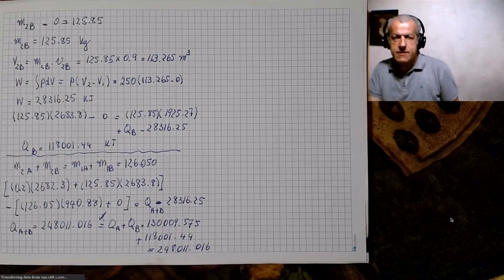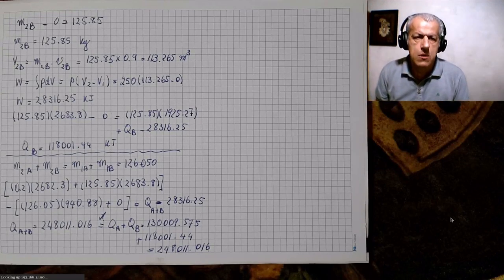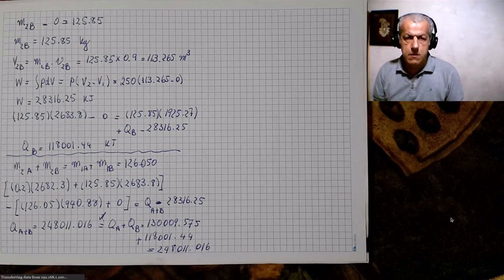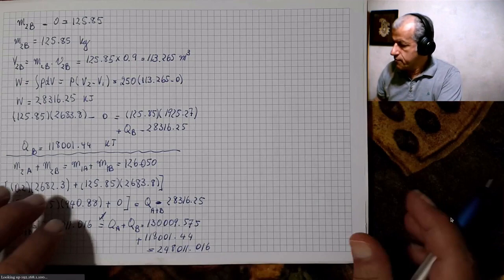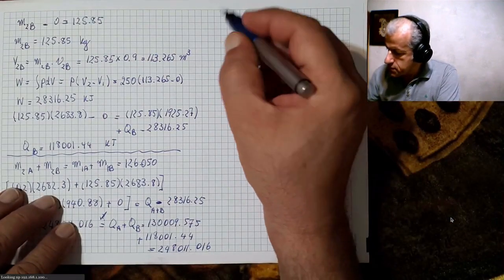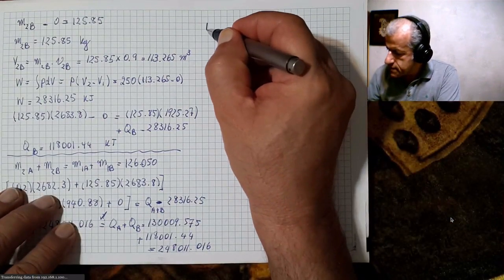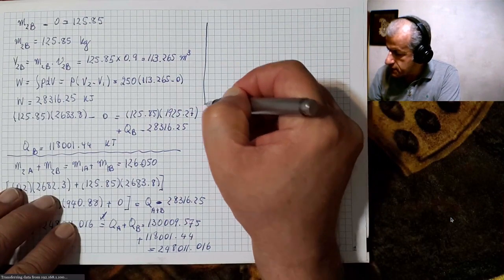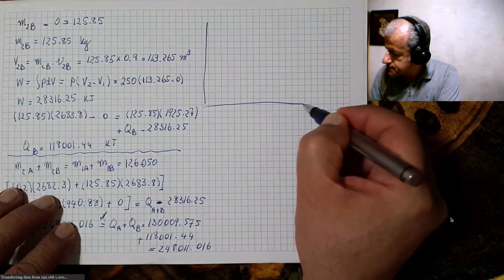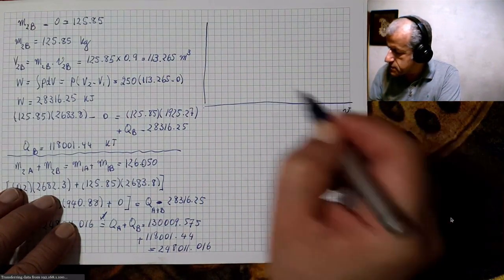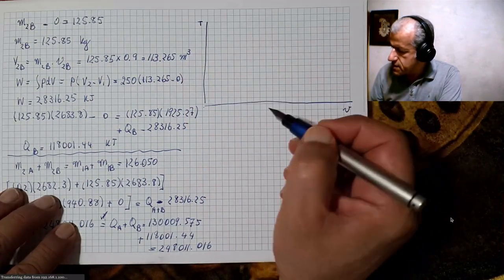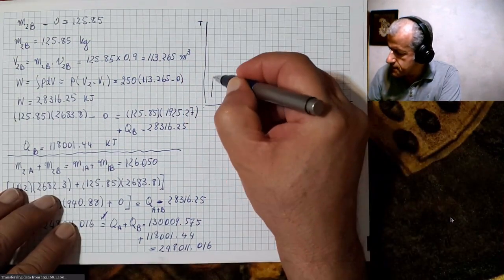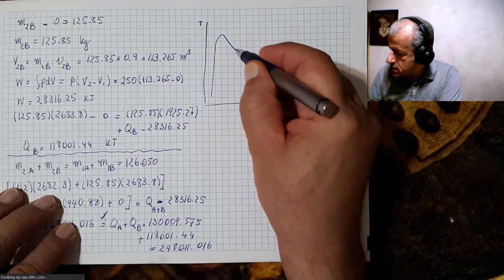Well, the last step for us is to draw the problem on a diagram. And how do we do it? This is a TV diagram. This is V, this is T, and this is the saturation line.